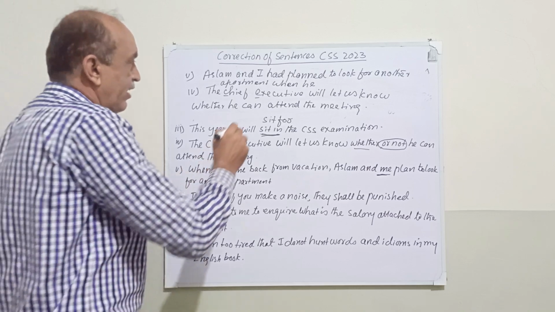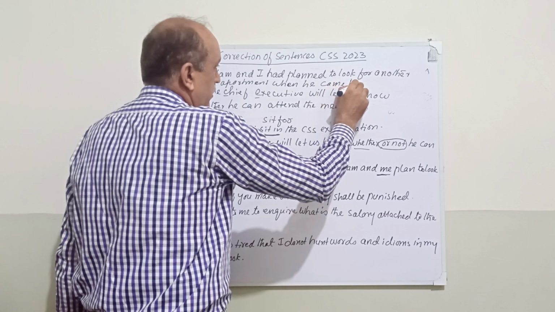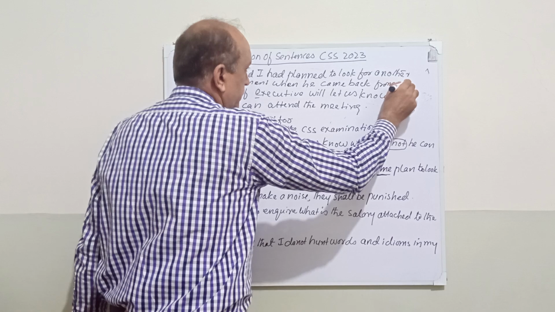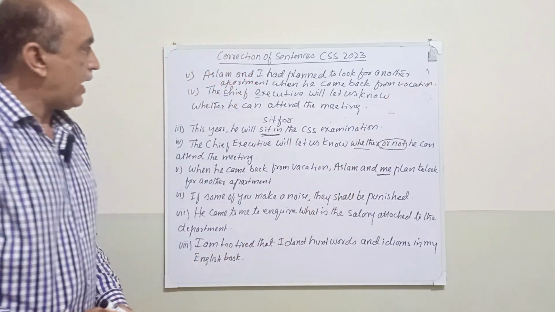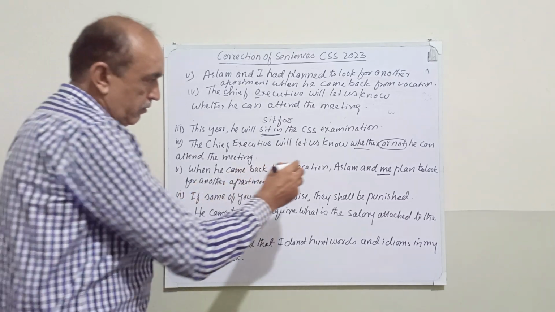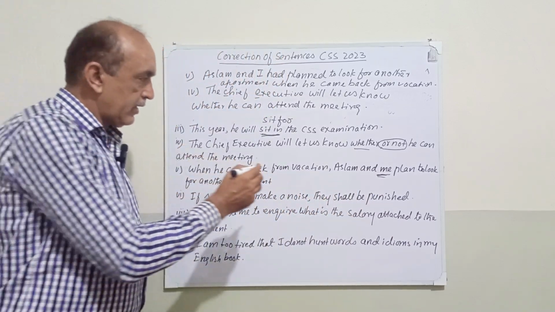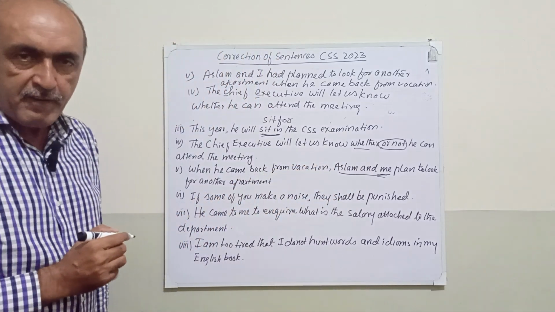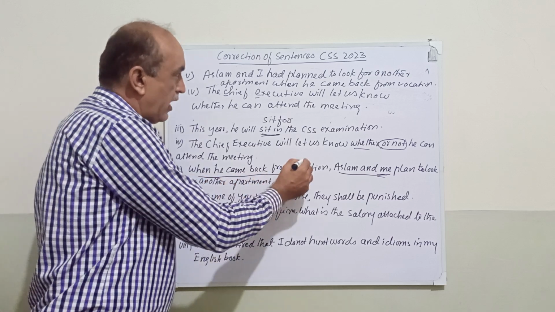When he came back from vacation. As you say, Aslam and I, not Aslam and me. This sentence should be in the past perfect tense, and then this part should be in the past tense.